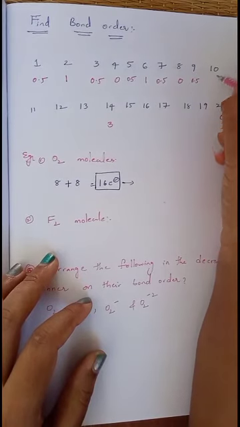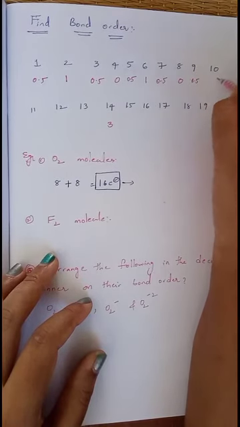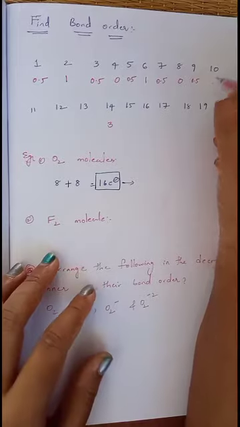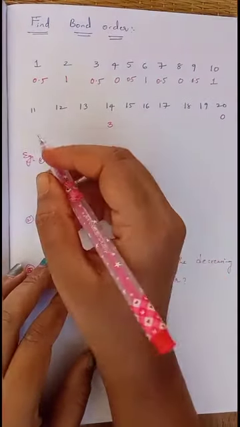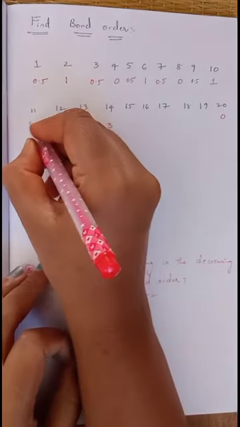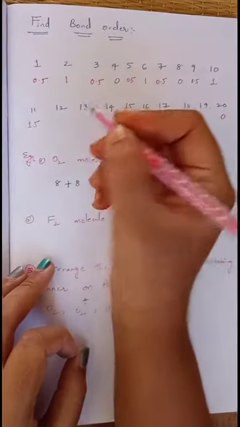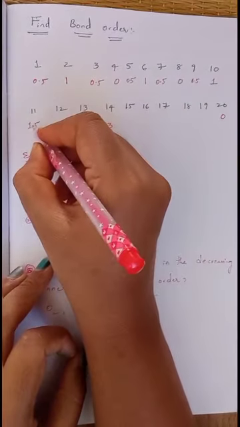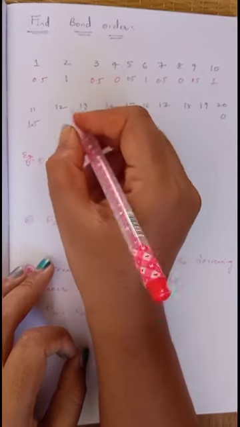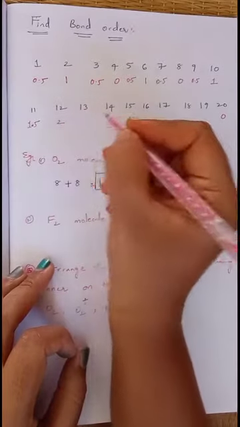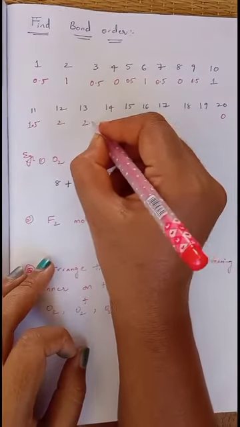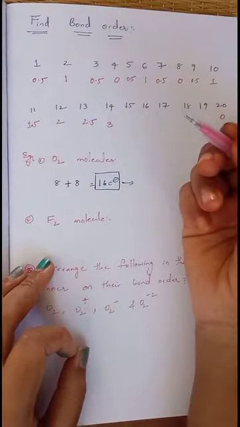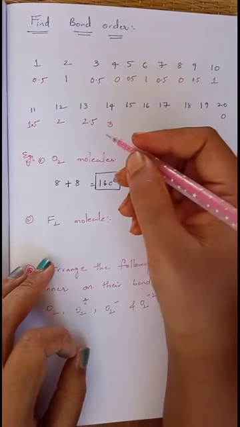If 10 electrons are present, it increases by 0.5 more units, so it becomes 1. For 11, increase by 0.5 units, that is 1.5. For 12 it increases by 0.5 units, that is 2. For 13 it is 2.5. And for 14 it increases by 0.5 units, that is 3.